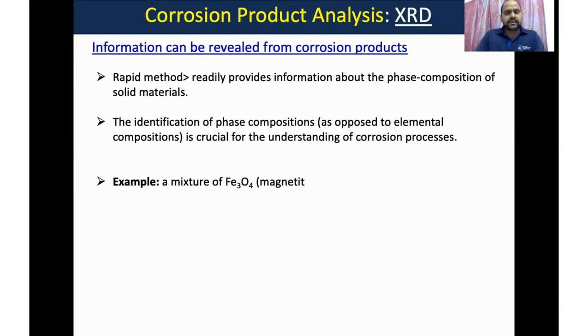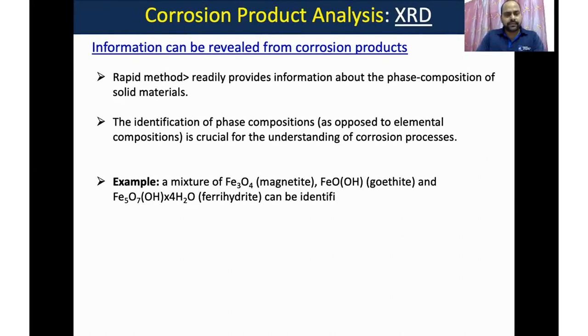For example, if you have iron which is corroded, the corrosion product may have a mixture of magnetite, that is Fe3O4, or goethite, that is FeOOH, or maybe ferrihydrite, Fe5O7OH, and some water. These can be easily identified, and sometimes quantified, using XRD analysis.